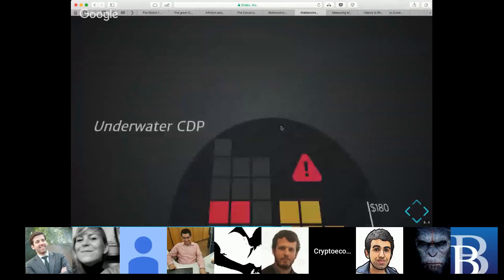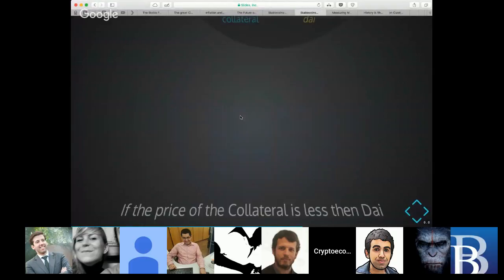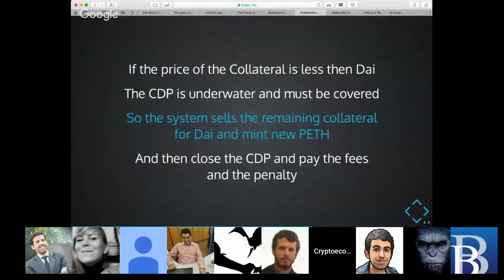Okay. In the case of an underwater collateralized debt position, so the value of the collateral is going below the actual value of DAI, things are much worse, right? Because the stablecoin is not backed by enough value anymore, so there are two squares missing here. And in this case, it must be covered.